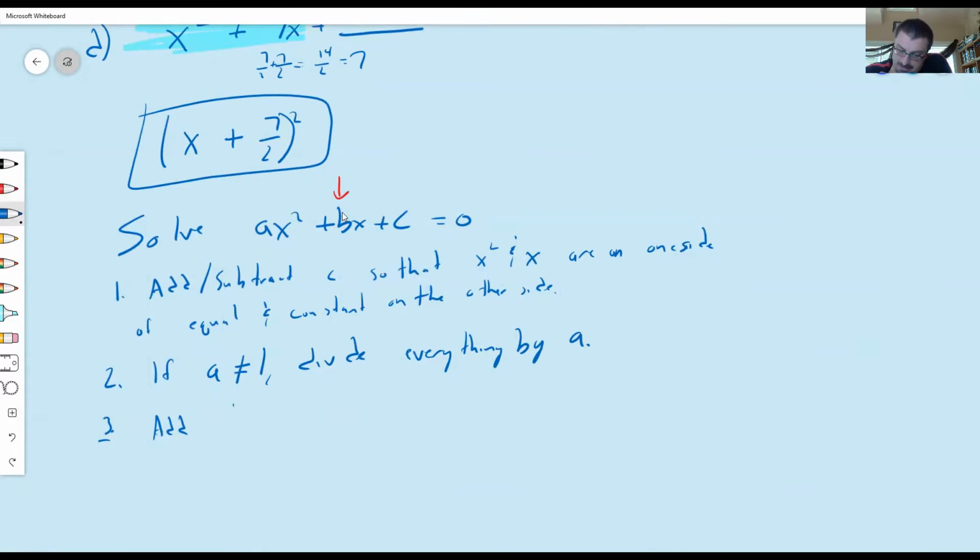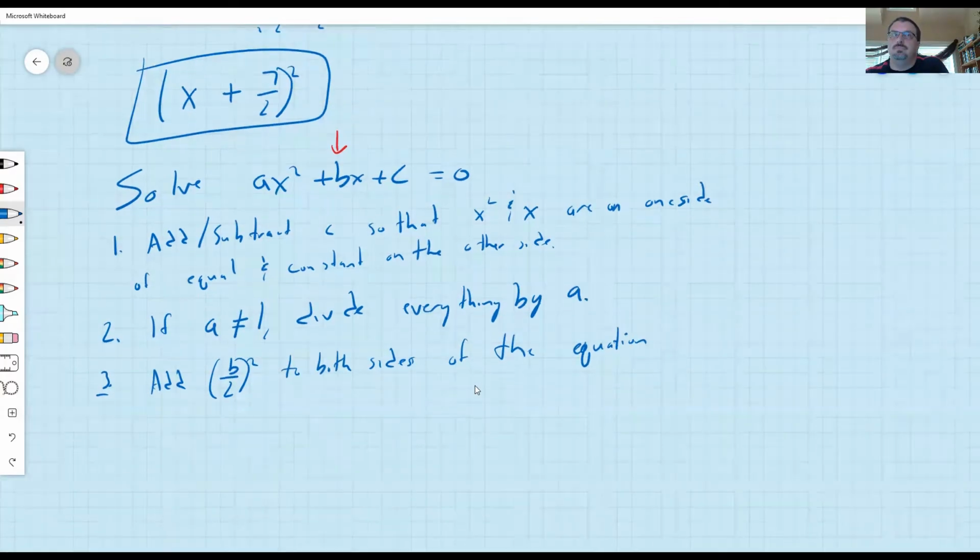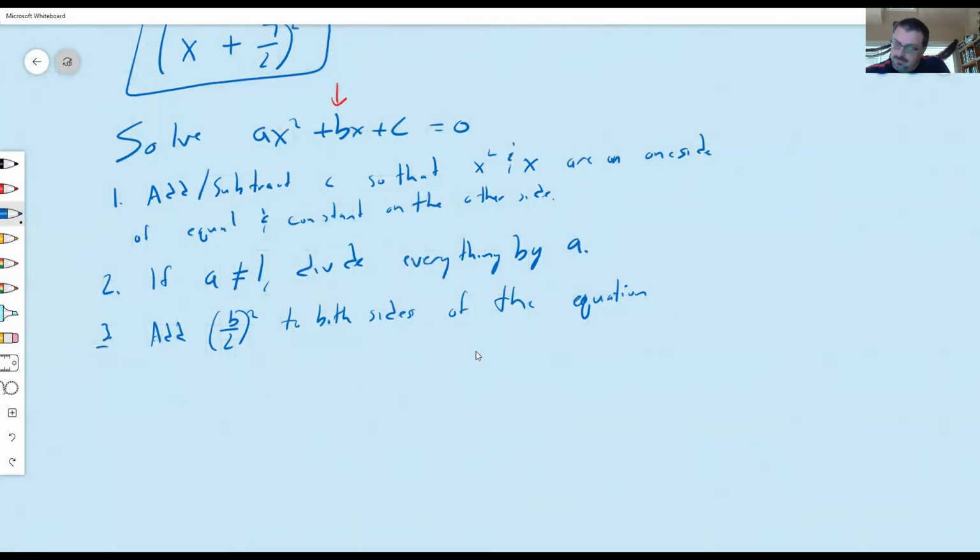So we're going to add b over 2 squared to both sides of the equation. And factor.